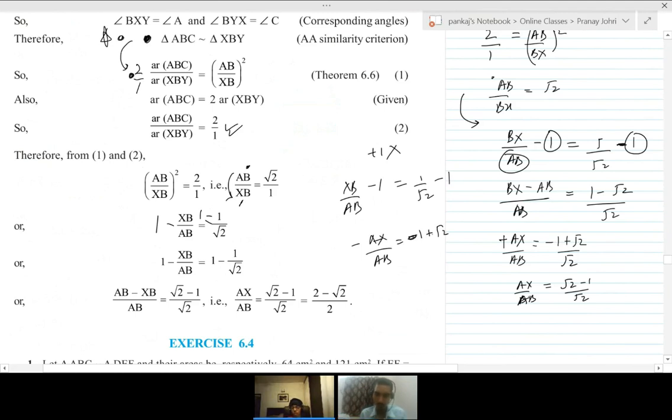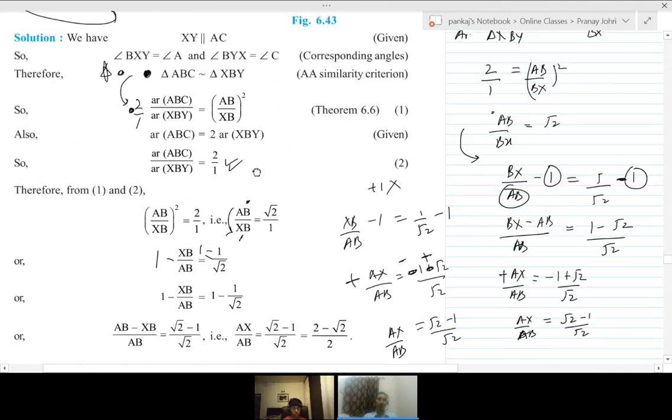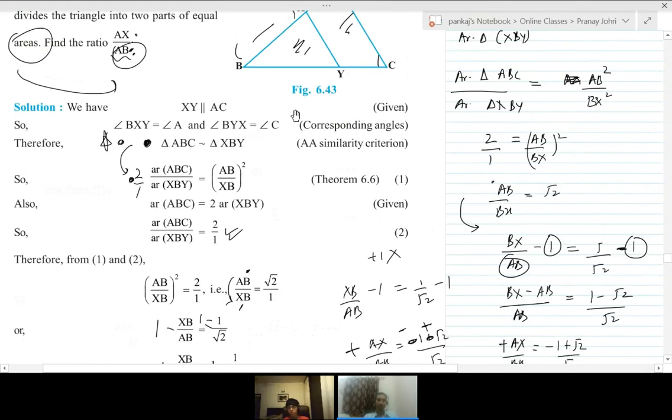Like this, if we multiply this by minus 1, it becomes root 2 minus 1 by root 2. Okay, fine. So, two, three concepts used in the single question. First was the similarity concept of AA.